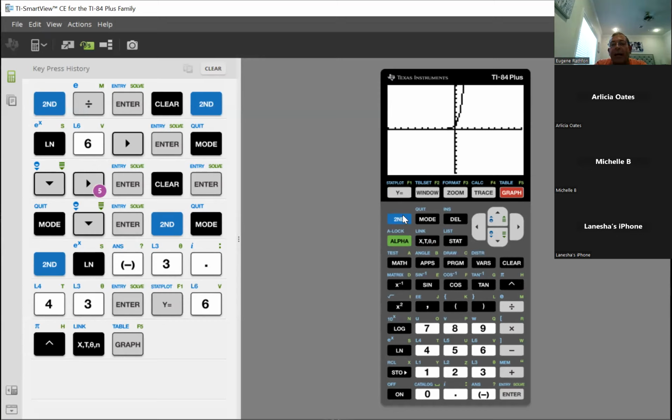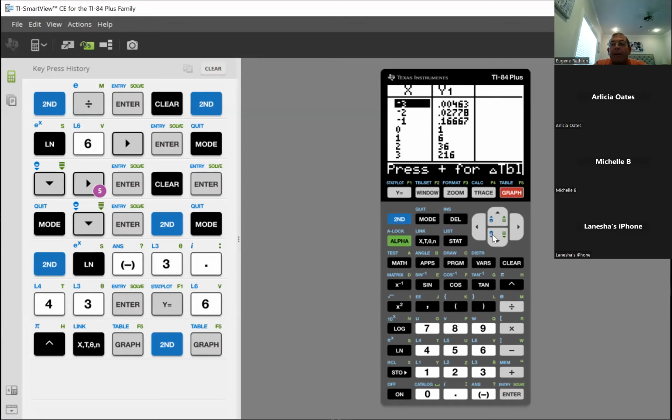But if you look at the table by hitting second graph, look on the left side, that's why it's trying to get closer to the 0 on the left side. But look at these numbers on the right side. When x is 0, you get 1, like we said. When x is 1, you got 6. When x is 2, you're already at 36. And y'all, when you're at 3, look at that.